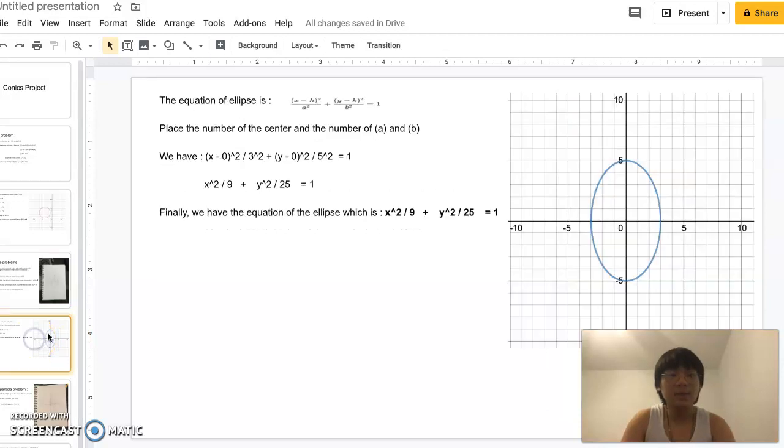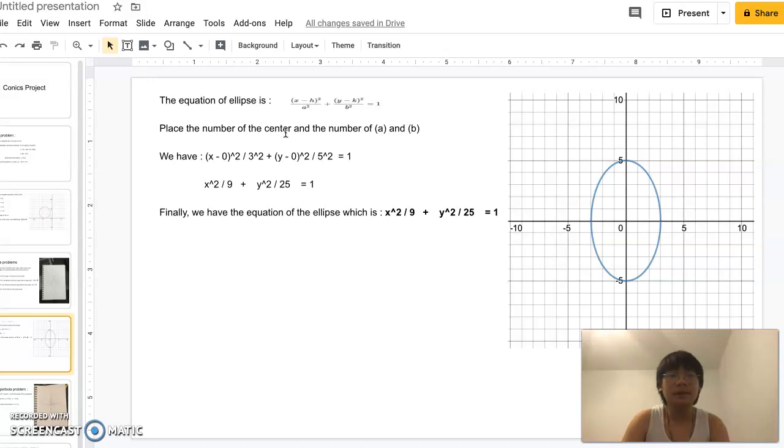Next page, the equation of an ellipse is (x minus h) squared over a squared plus (y minus k) squared over b squared equals 1. Place the numbers of the center and the numbers of a and b.